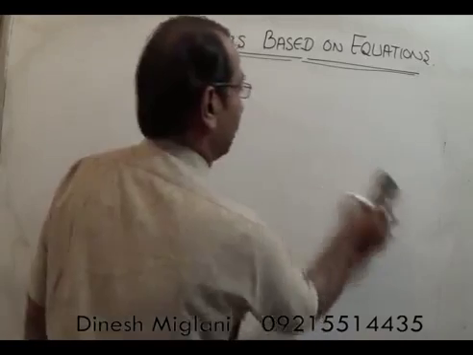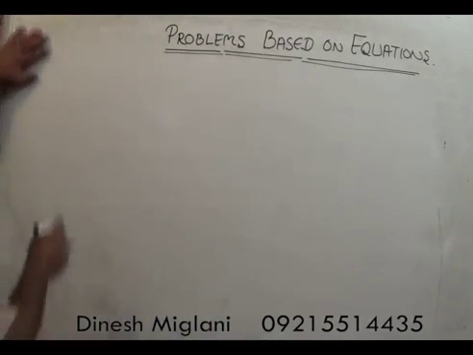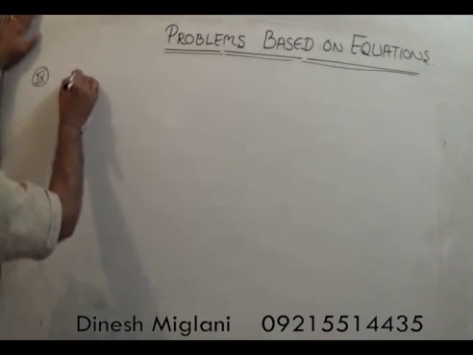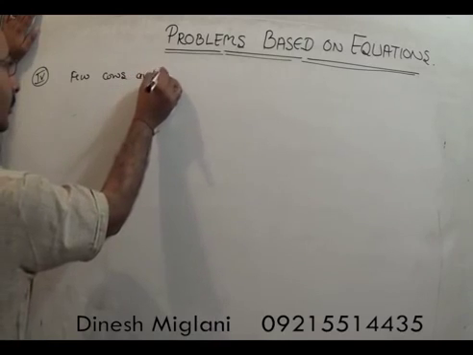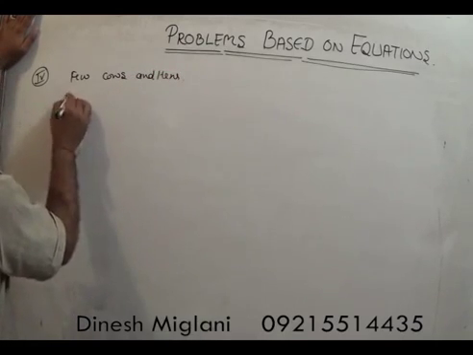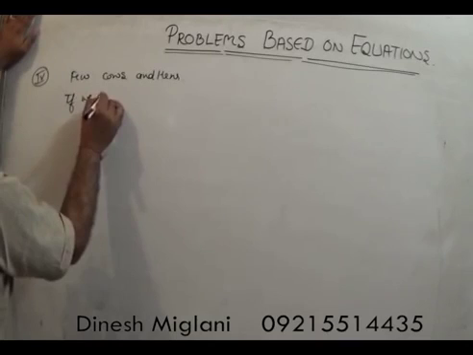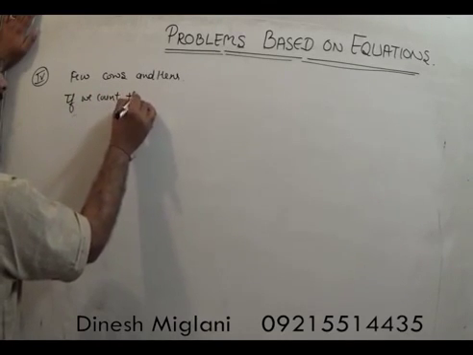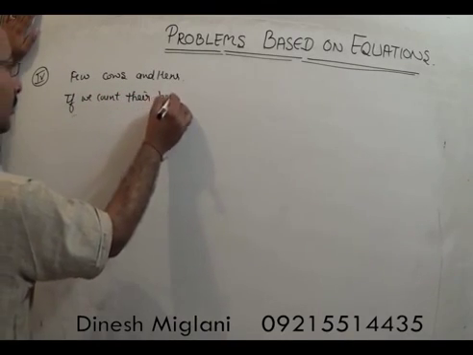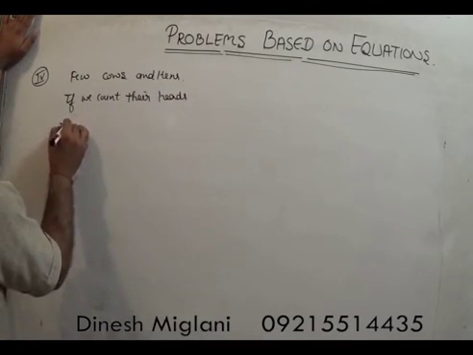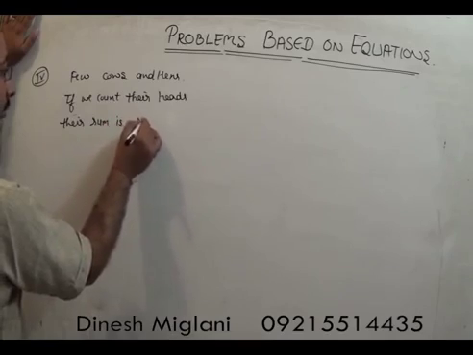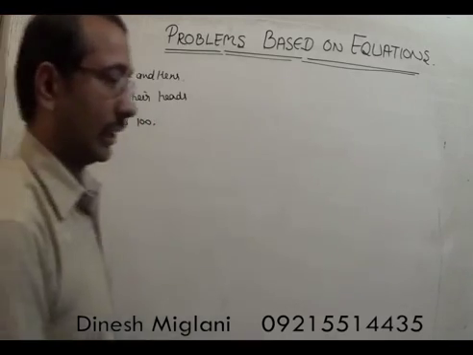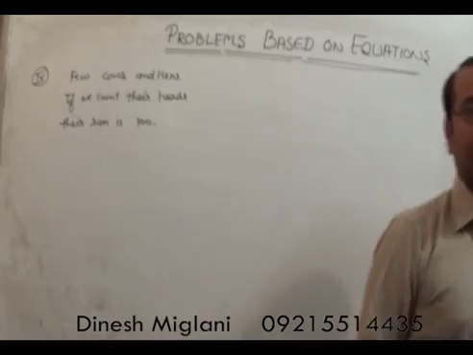Then the next type of problem is, just try to understand the question. We have a few cows and hens. If we count their heads, their sum is 100, right?